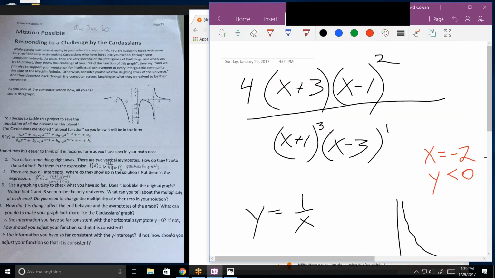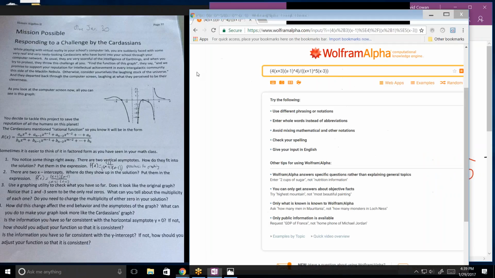Problem is, all of a sudden Wolfram Alpha didn't like that multiplicity of 4, or maybe they didn't like this multiplicity of 5. See, by doubling that from 2 to 4, I had to increase that from 3 to 5 also, because I don't want to mess with my horizontal asymptote.